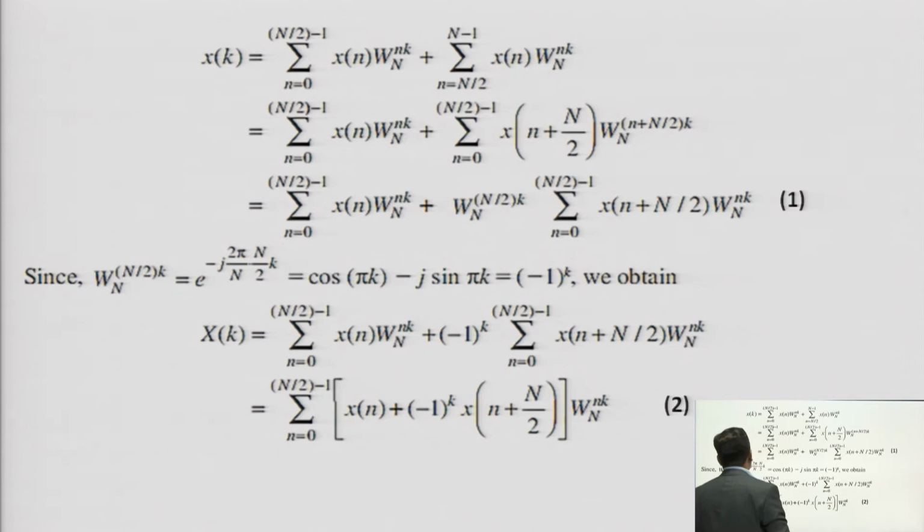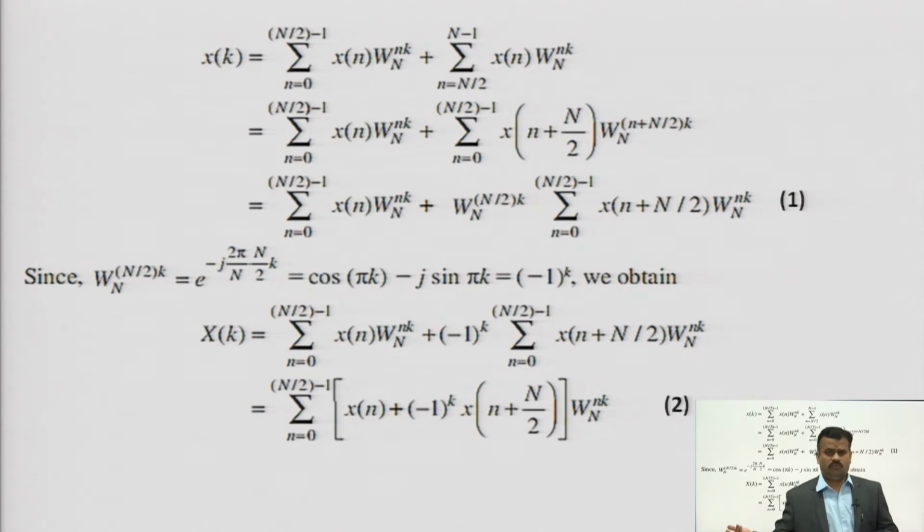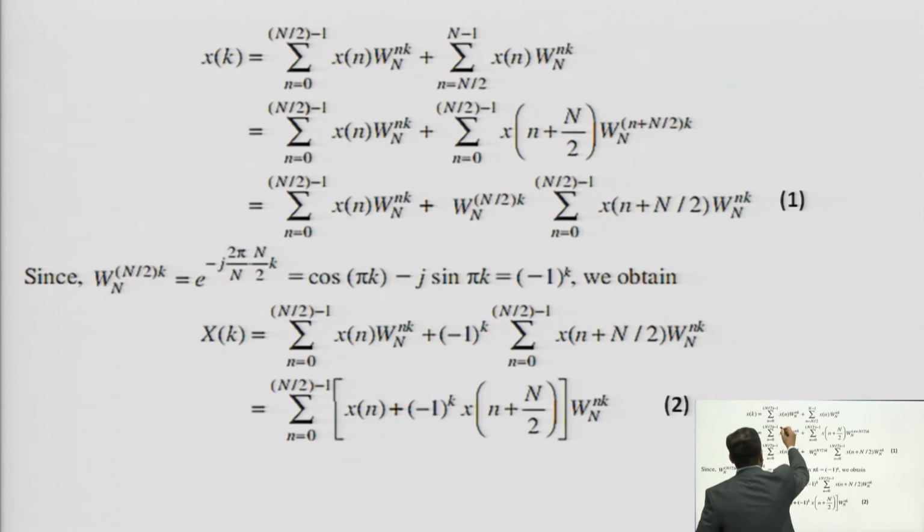Now, you can see in the DIF FFT algorithm what the expression will be, as per the designed equation. You have to design your DIF FFT algorithm. Now, you know X of k is equal to summation n equals 0 to N by 2 minus 1 of x of n into W N to the power nk.